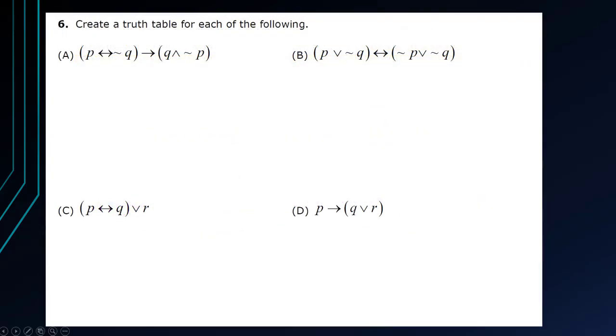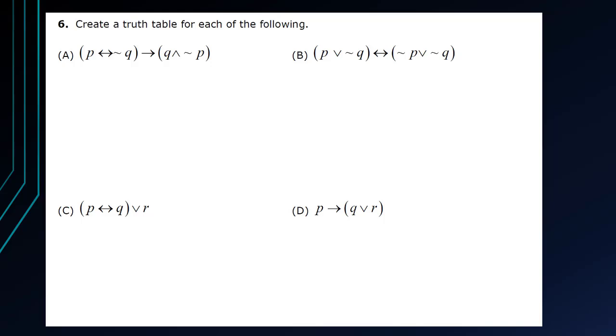For number 6, you're asked to create the truth tables for each one of these circumstances. So I'm going to focus on each one individually and lead us through it. As I go through this, there are going to be truth tables shown, and I'm going to show it using a couple of different ways that they showed in the textbook, just so that you know that there's a couple of acceptable methods, just to make sure you're being clear.